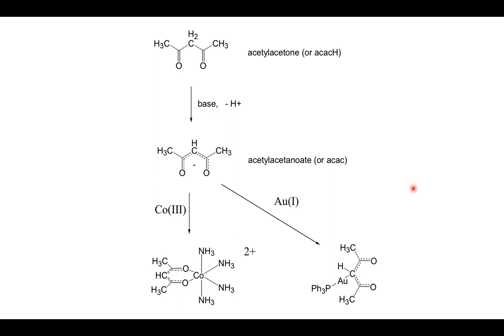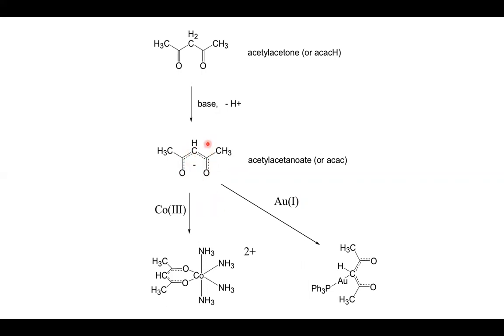The reason why it's capable of doing this is because of the delocalization of the negative charge across these two carbonyl groups here, which also encompasses this carbon. So this carbon is part of this system, which means that this carbon is capable of acting as a ligand.